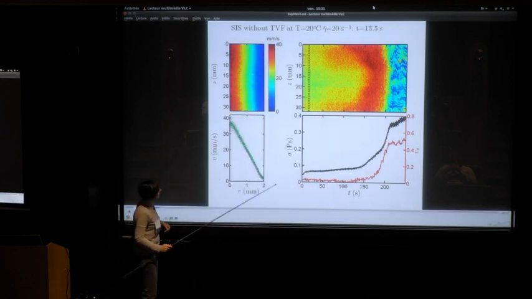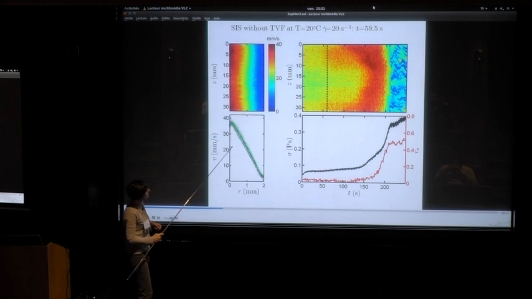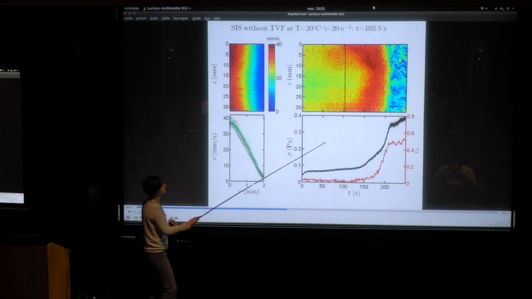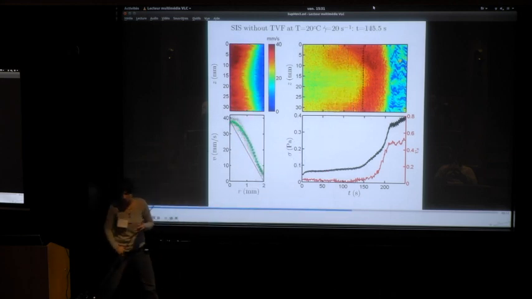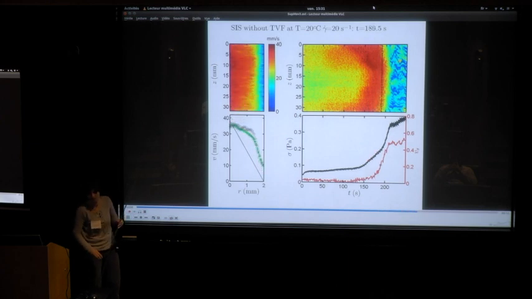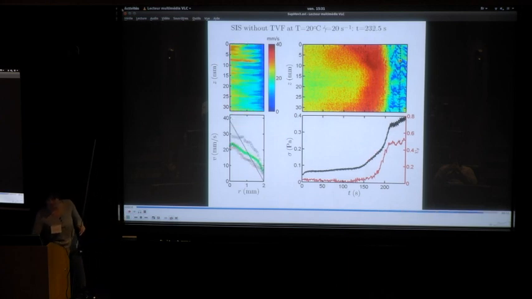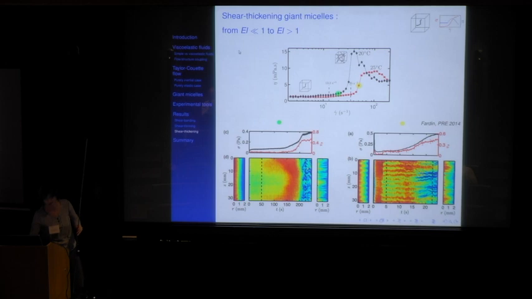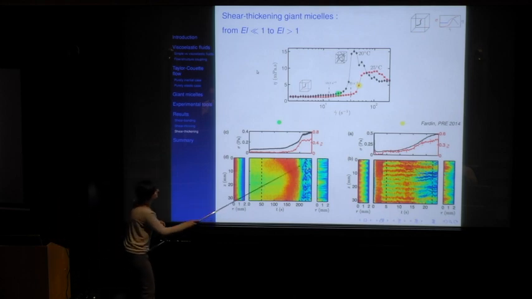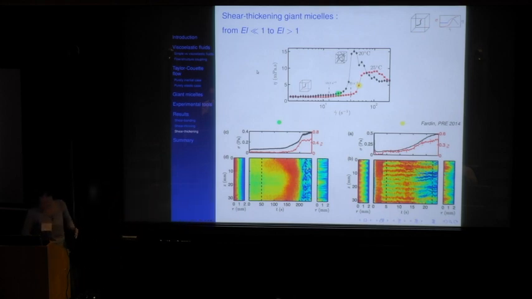You can see that the shape of the profile is completely changed in this region here. So we started with a system with no elasticity, so the Reynolds number is large, and the elasticity number is 0. And we end up with a final disordered flow state where elasticity dominates.